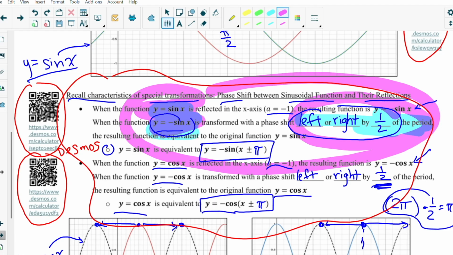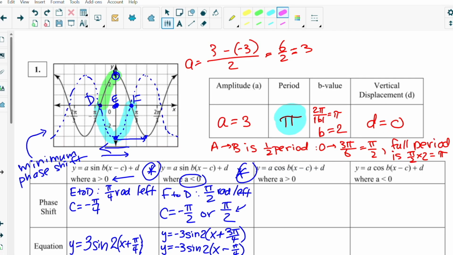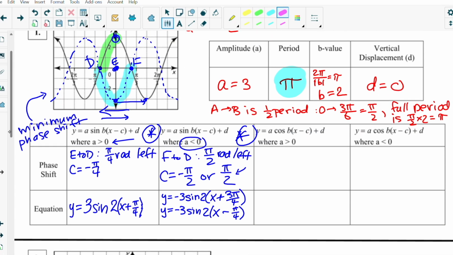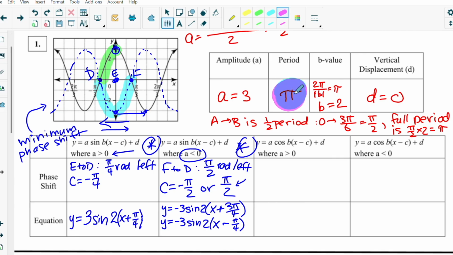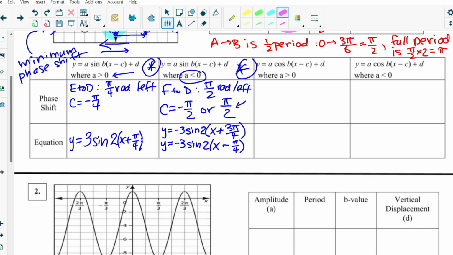So if I go back, my period here, folks, is pi. 1/2 of that is pi over 2. Well, there's my plus or minus pi over 2, the phase shift. So that's the shortcut. You can use that shortcut and then get these two equations. Okay, so that is the sine ones.